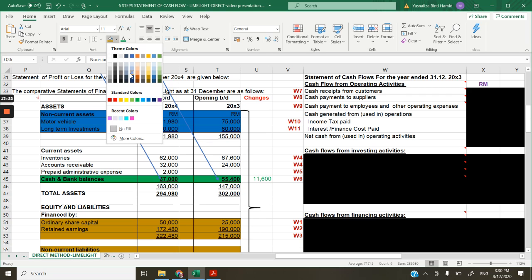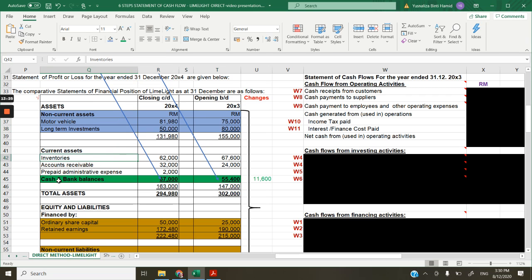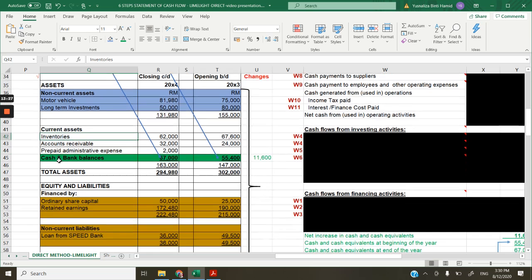And we also need to check in our current asset section if there is any example of cash flow from investing activities. We need to check if there is any interest receivable here, none. If there is any dividend receivable here, also none. Should you have that, it should also be highlighted as cash flow from investing activities, because dividends and interest income are a return from the investment in equity and also in debt instruments, right?